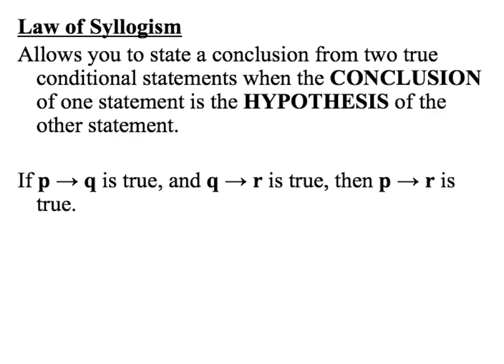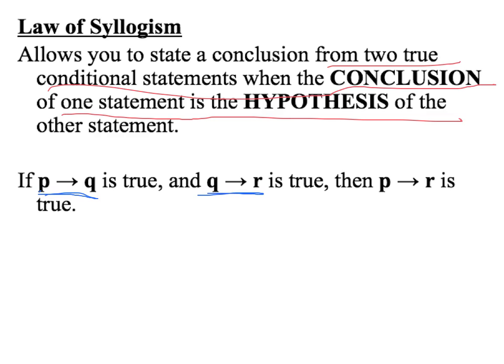Next, we have the law of syllogism. It tells us that if we know that two conditional statements are true, then the conclusion of one statement is the hypothesis of the other. So if P then Q is true, and if Q then R is true, then if P then R is true.